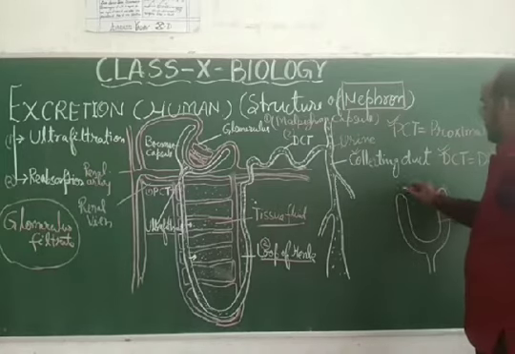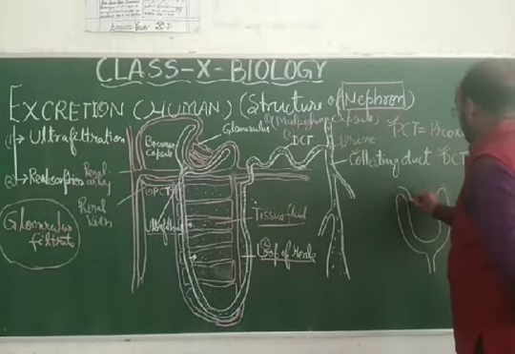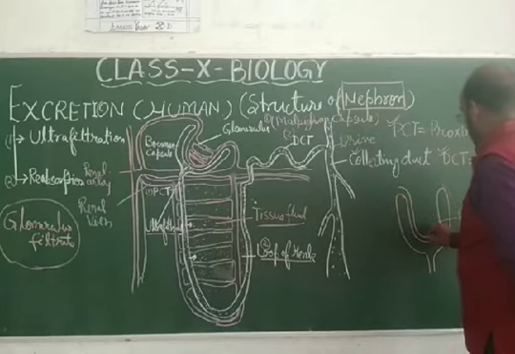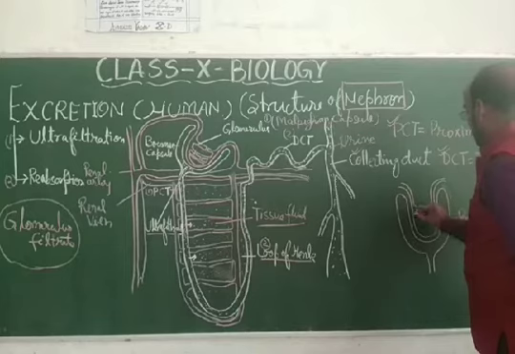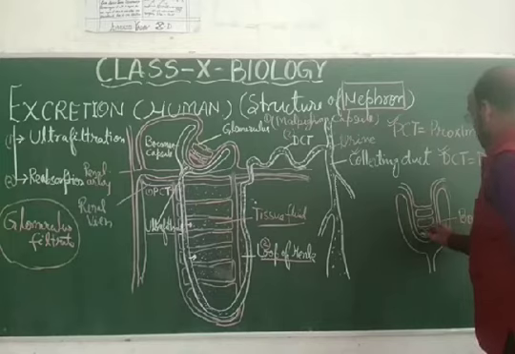In the Bowman capsule, there is a supply of blood capillaries, meaning arteries. Arteries get supplied into it, and in the form of blood capillaries, the process of ultrafiltration takes place. In this process of ultrafiltration, the product which gets filtered is called ultrafiltrate or glomerulus filtrate, because it is known as the glomerulus.